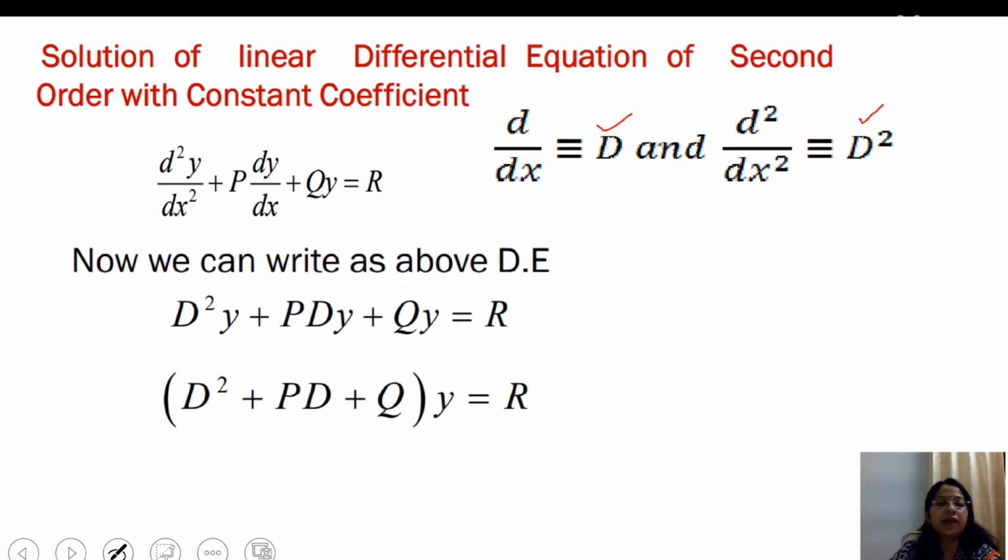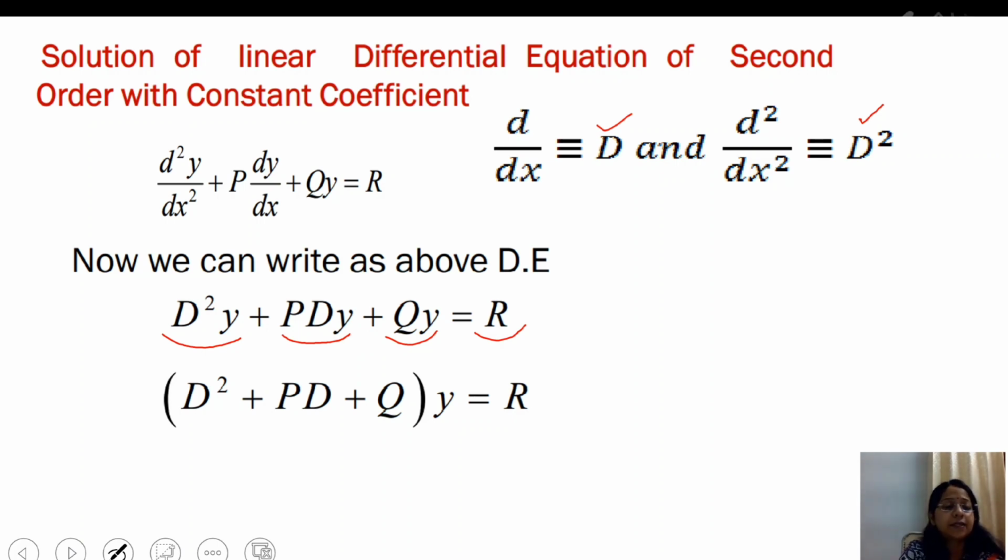In short, we can write the differential equation like this: D square y plus p(x) dy plus q(x) y is equal to r(x), where p, q, r may be some constant, maybe some function of x only. P and Q would never be 0.